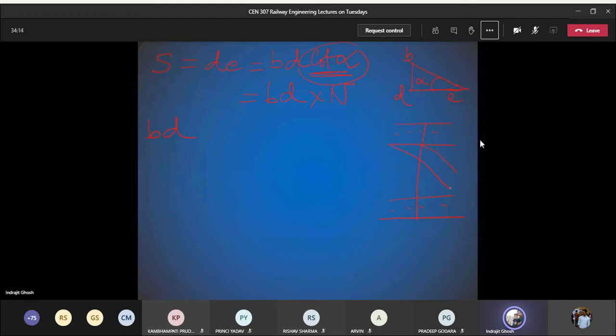My drawing is not really good, but here it is point A. This is point C, this is point B, this is point D. So I am saying, what is BD in terms of either G or the center line distance D?